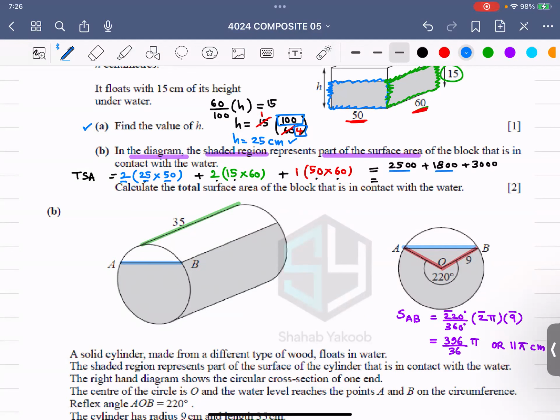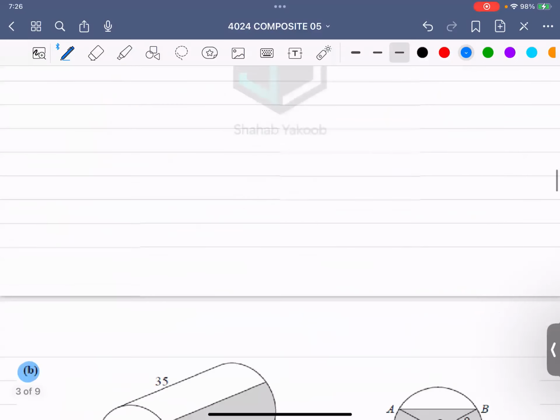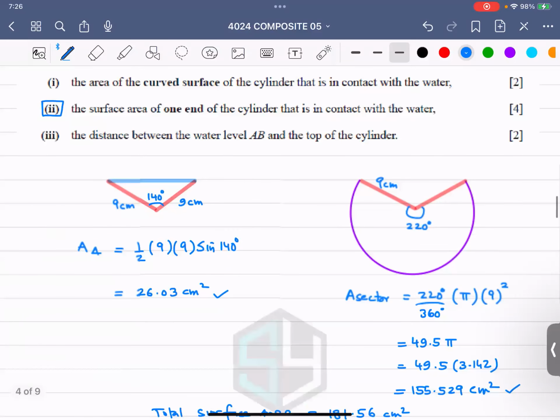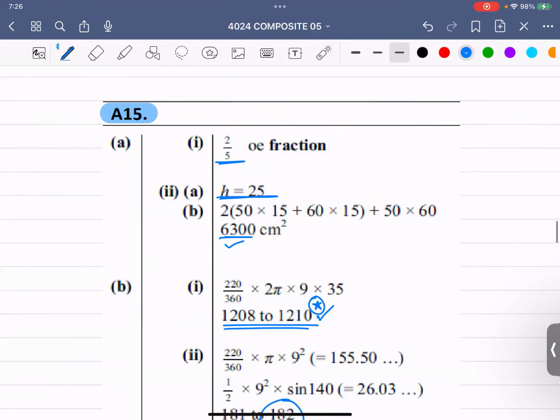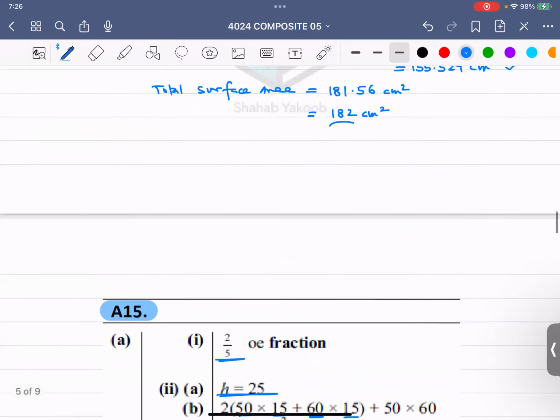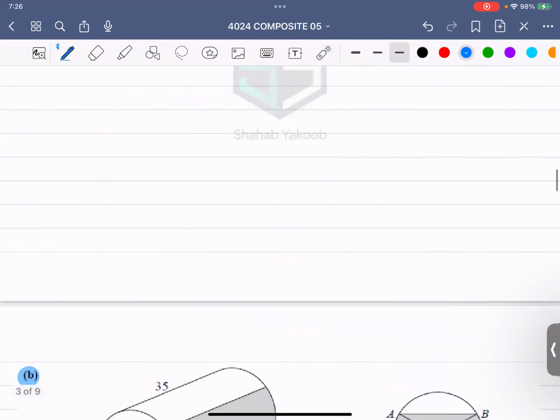And 50 into 60, that is 3000. So therefore, this comes out to be 7300. I don't know why it is written as 63. 50 into 15 and 60 into 15. I think maybe I've taken a value wrong.